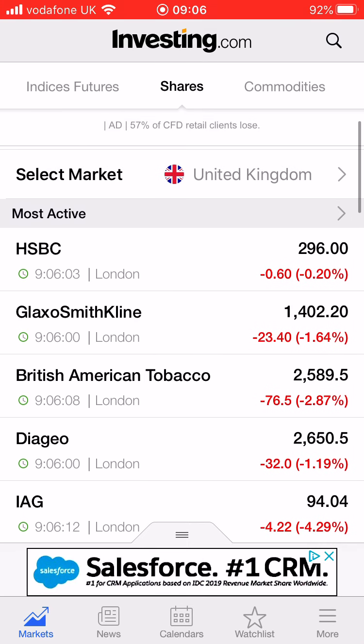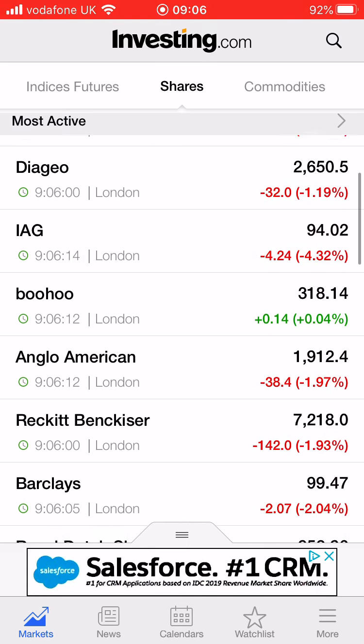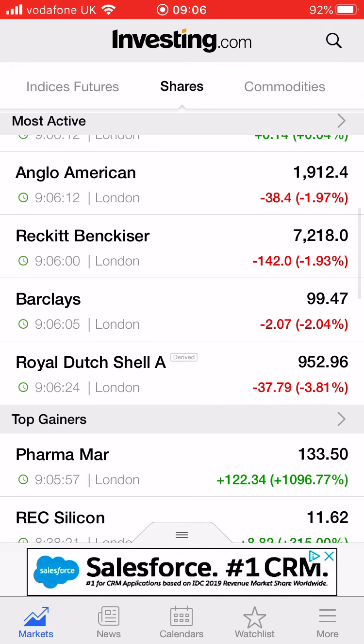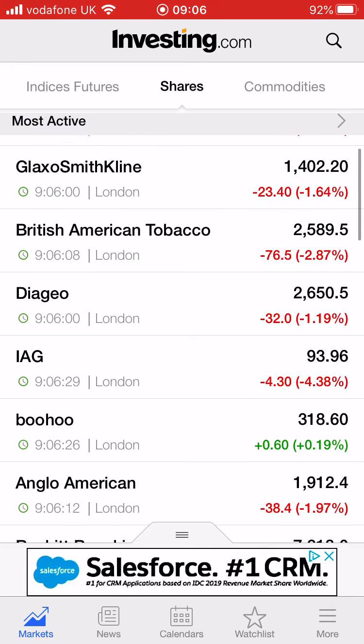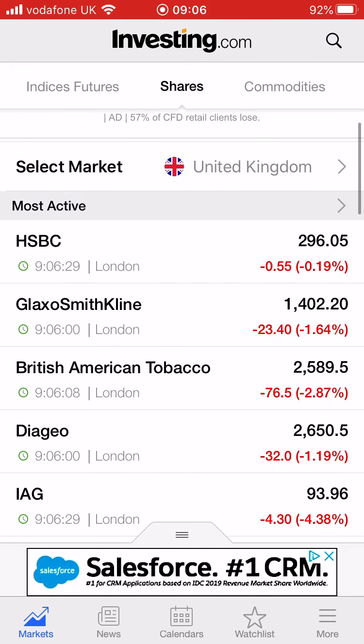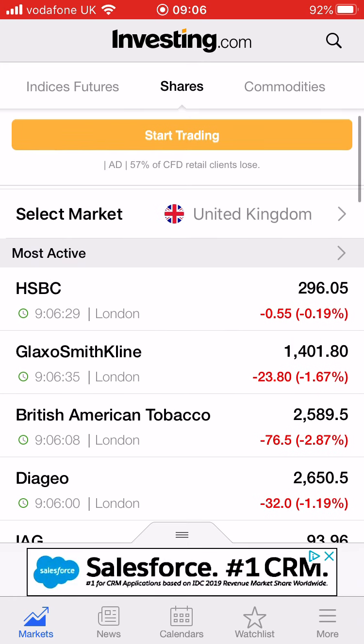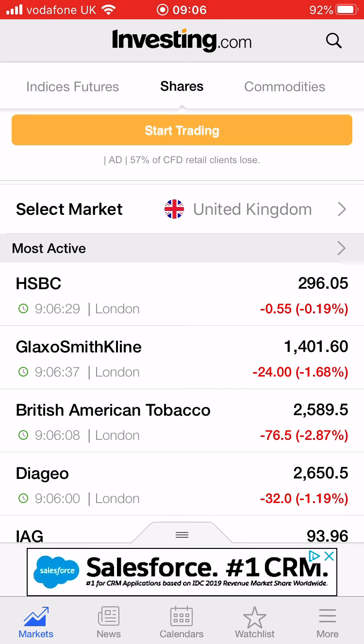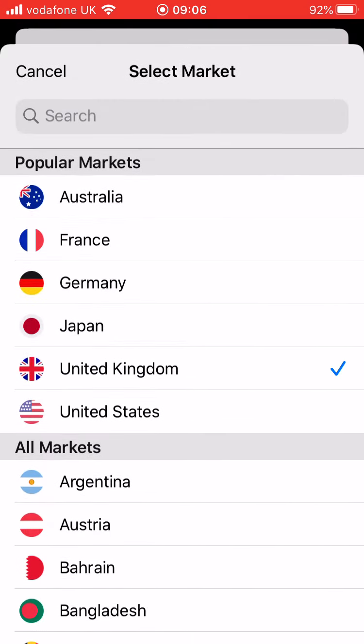So it would be nice to drill down into, say, just FTSE 250 shares and have this same breakdown, but it's not something they offer, unfortunately. But you could probably go elsewhere for that. This gives a good brief overview, and again, for free, I think this is quite useful.